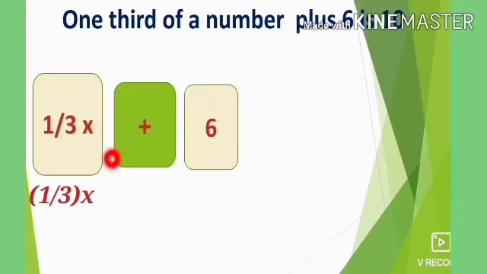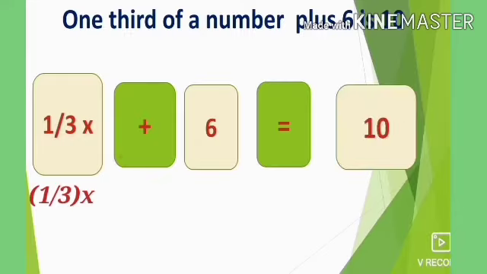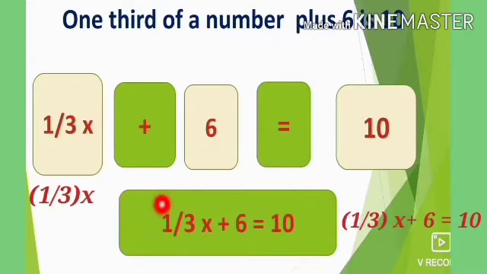That is, we have to add 1 by 3x with 6. We know that is represents the equal to sign in the equation, and the algebraic expression is equal to 10. Now, we get 1 by 3x plus 6 is equal to 10, which is the required algebraic equation.